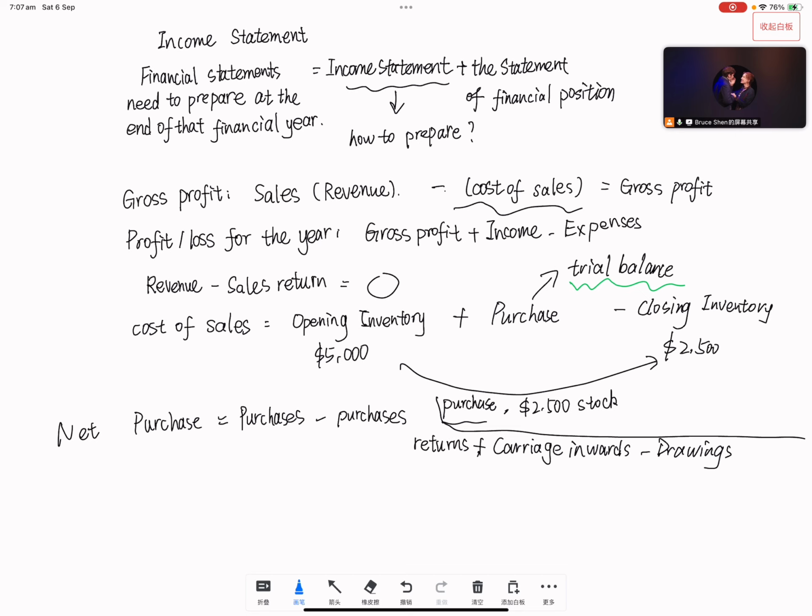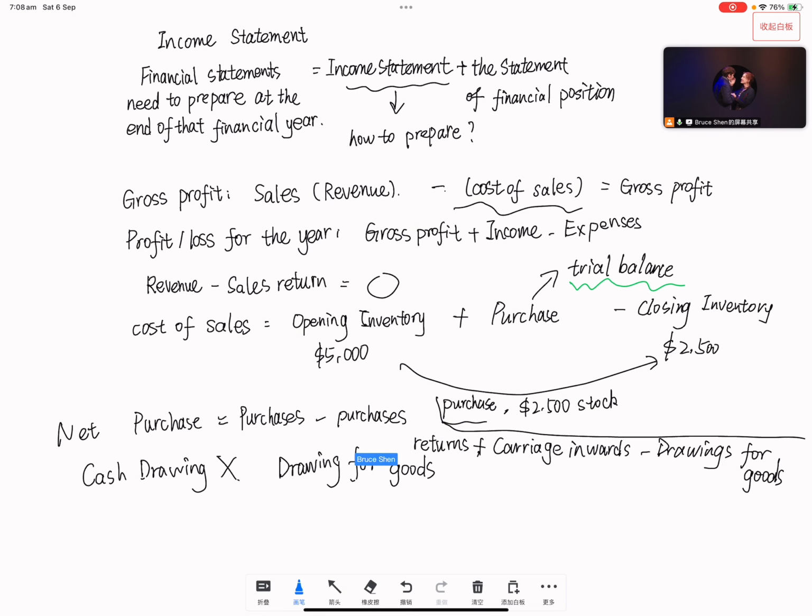If you see any drawings in the trial balance, that is cash drawings, so we do not use that figure. We use the figure listed below the income statement, drawings for goods. It will be clearly listed, and we just use that figure.